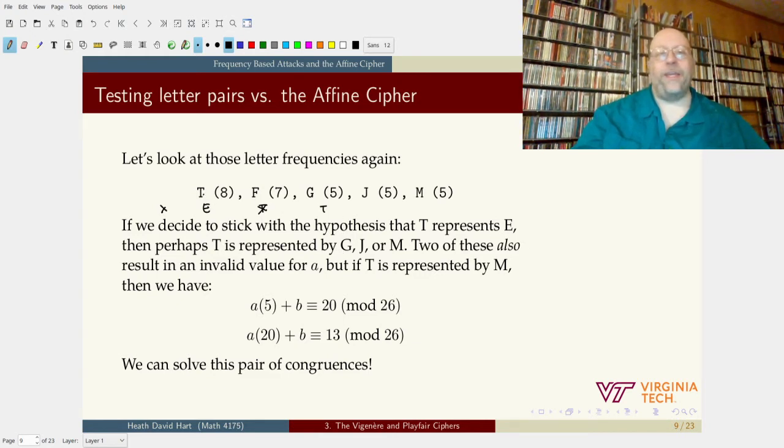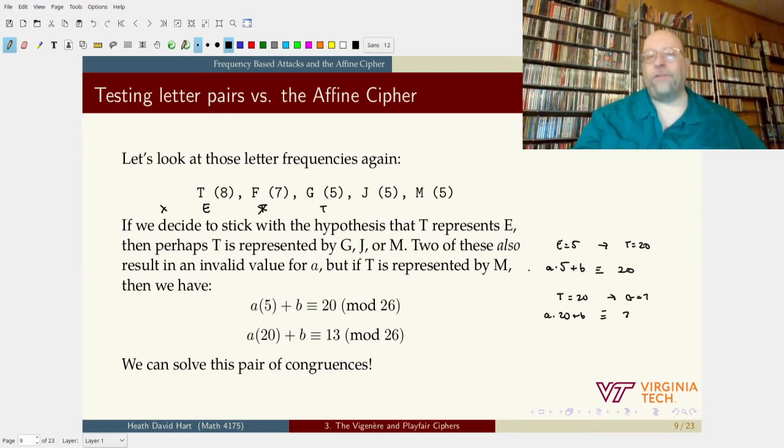If E goes to T, so E equals 5 goes to T equals 20. That means A times 5 plus B is congruent to 20. And if T goes to G, T is 20 goes to G is 7, then A times 20 plus B is congruent to 7.